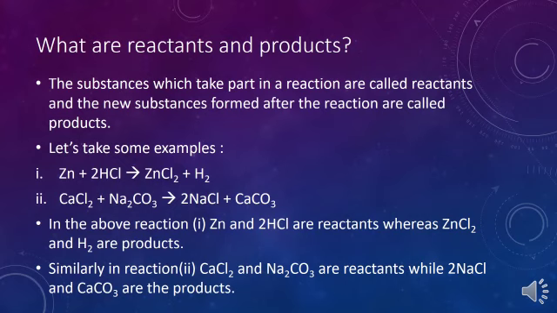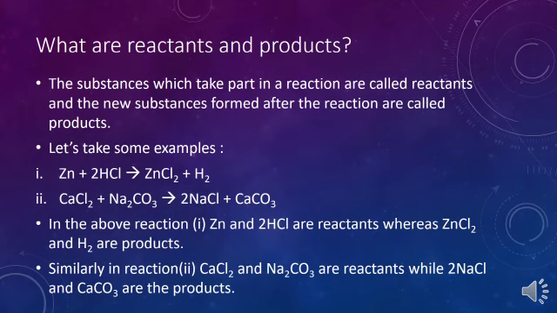In the above reaction 1, zinc and hydrogen chloride are reactants, whereas zinc chloride and hydrogen are products. Similarly, in reaction 2, calcium chloride and sodium carbonate are reactants, while sodium chloride and calcium carbonate are the products.